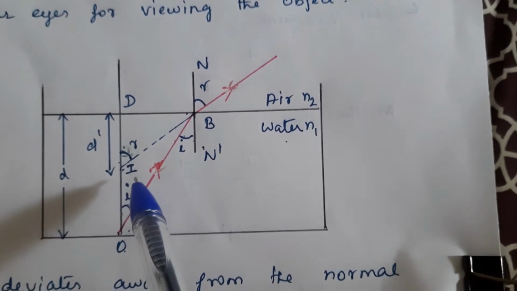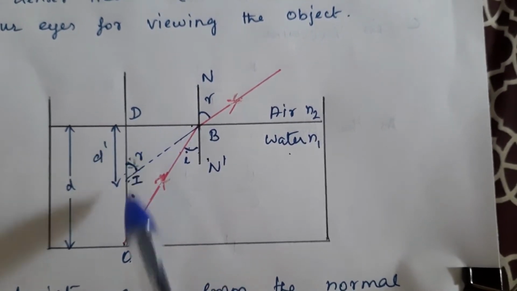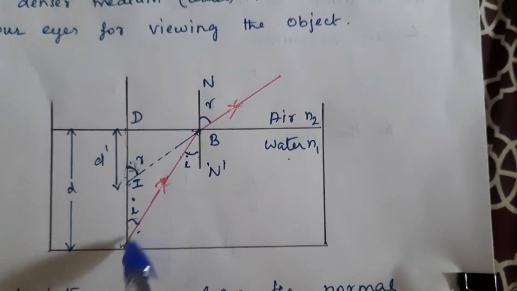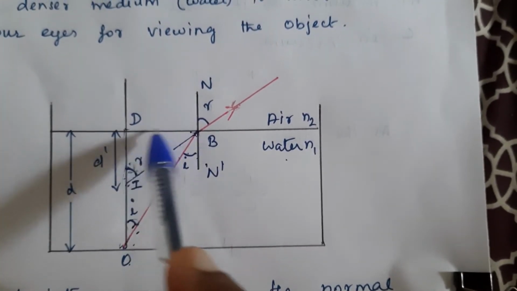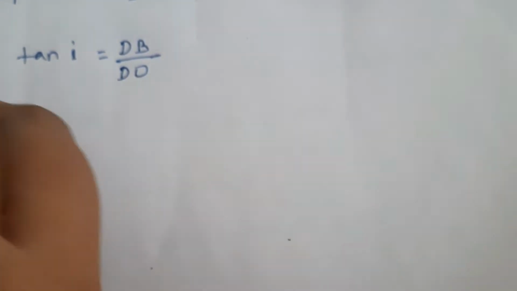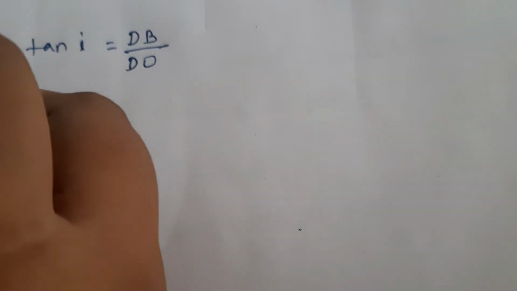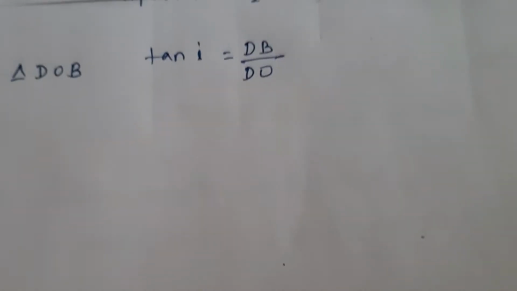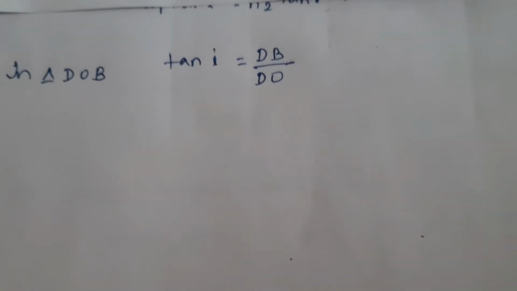So in triangle DOB, tan I is equal to DB by DO.